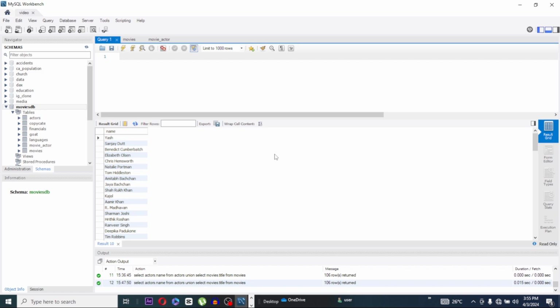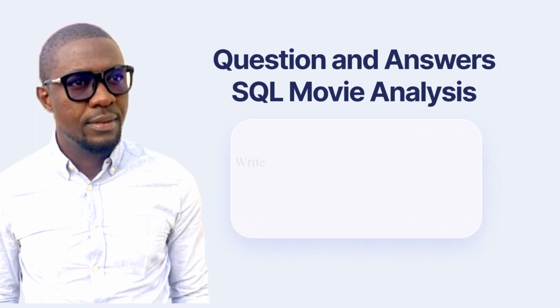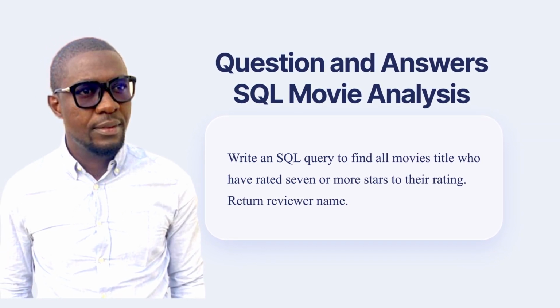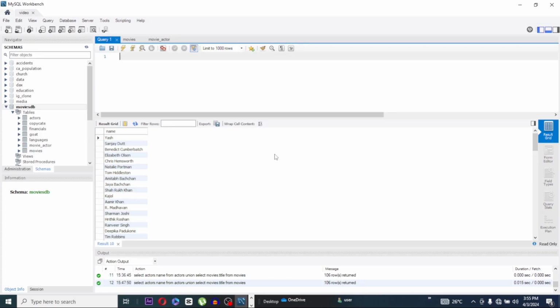Okay, so let's move to the next question. Write an SQL query to find all movie titles which are rated 7 or more stars. Return review names. In this one, we have to check our rating and then return the values.